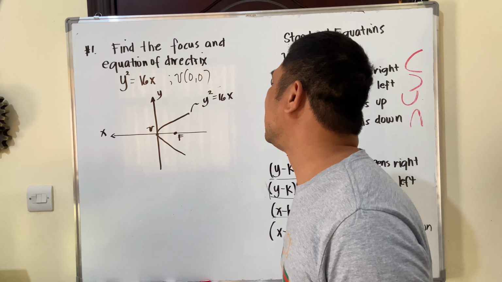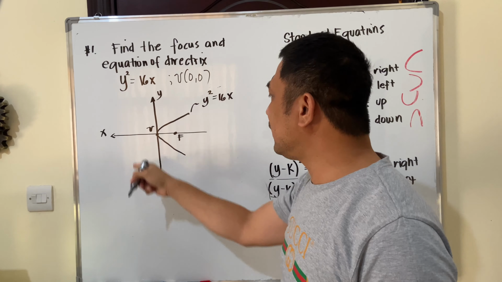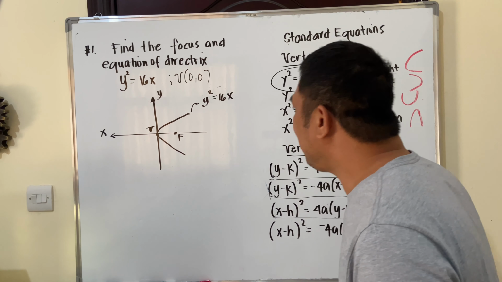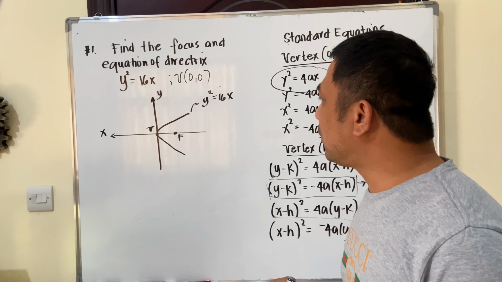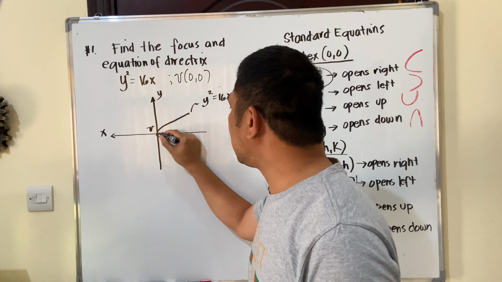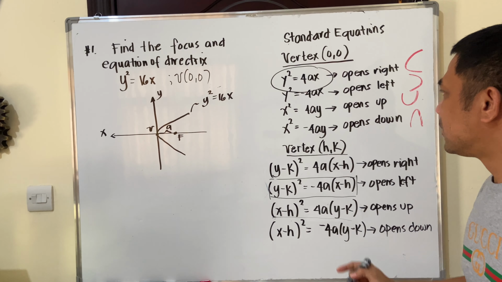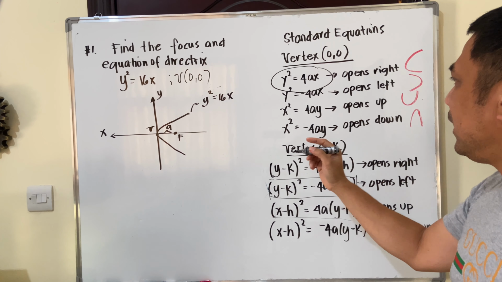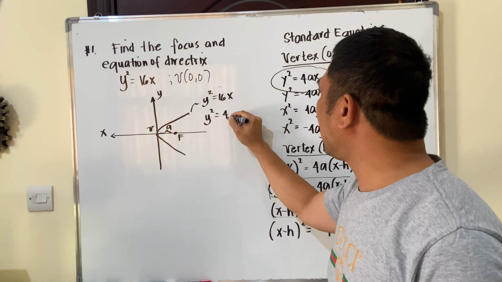We have the directrix on the other side of our parabola. From vertex to focus, the distance is a. Therefore, you have the standard equation y squared is equal to 4ax.